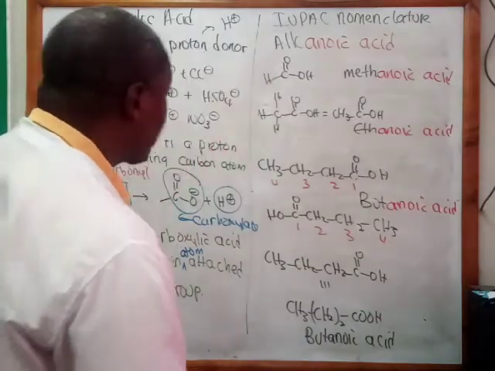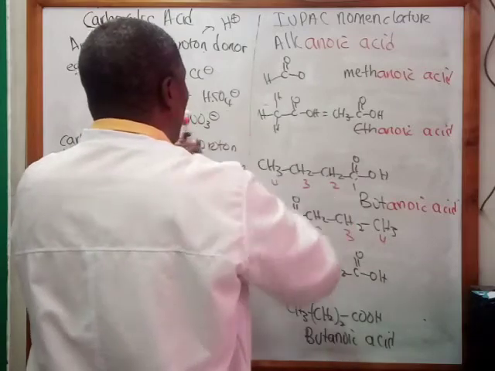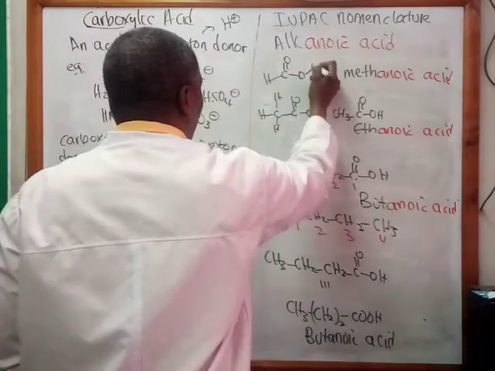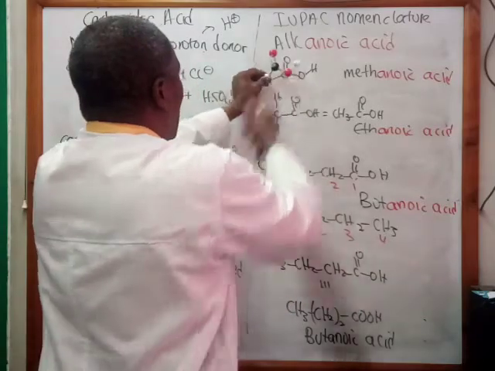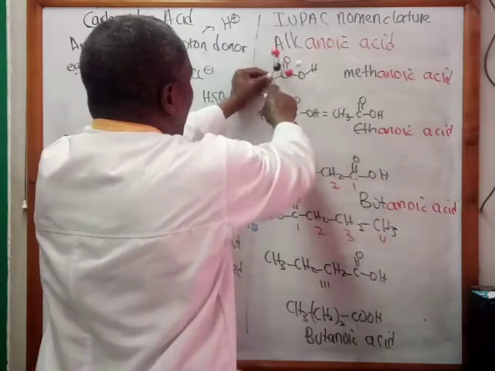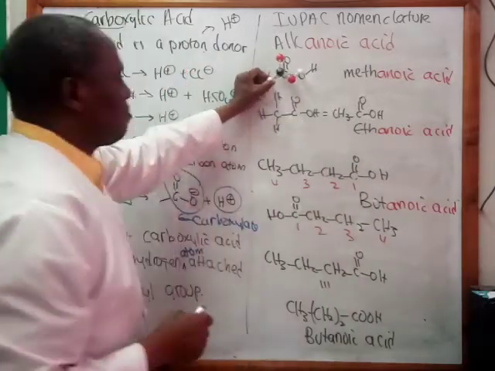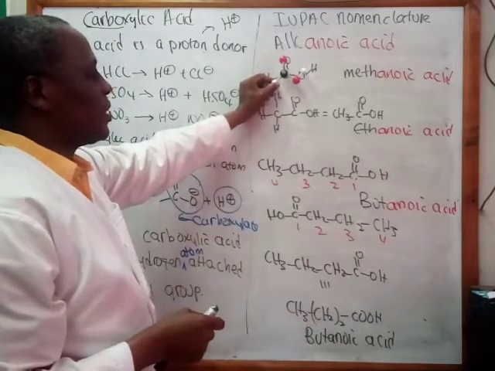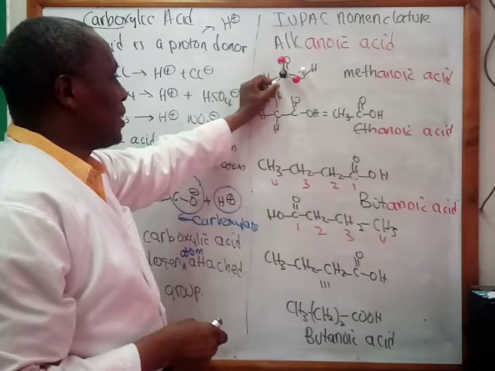Perhaps if I show it like this, you'd see it as making sense. Carbonyl, oxygen, hydrogen, and then there's the hydrogen attached to the carbon. Can you see that? This is my structure. So this is the simplest carboxylic acid.